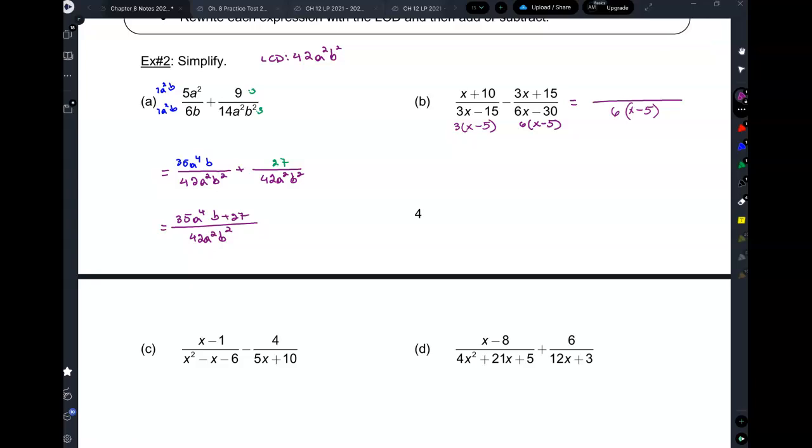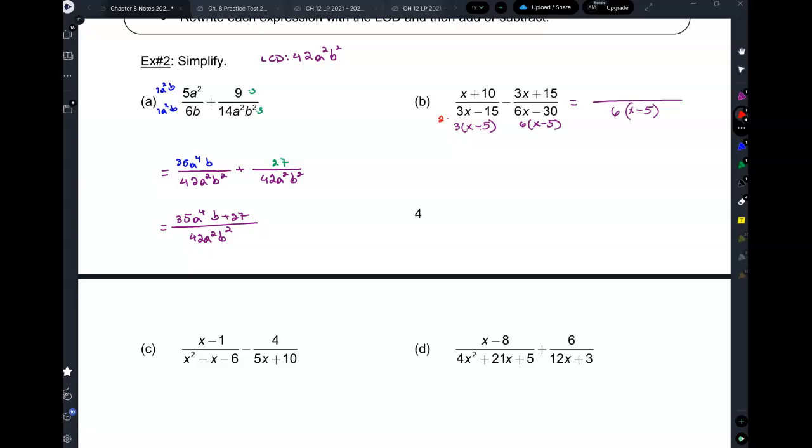Now what should I multiply the first denominator with so it's the same? 2 over 2, right? So this divided by that, you have a 2 left over. So I'm going to multiply this by 2. I don't get how it's 6.